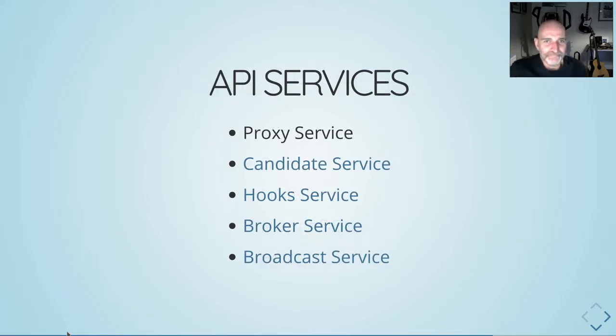So the API services we currently have: there's a proxy service, there's a candidate service, there's a hooks service. Now that's an interesting one. The hooks service actually serves back snippets of Bash that get executed inline.